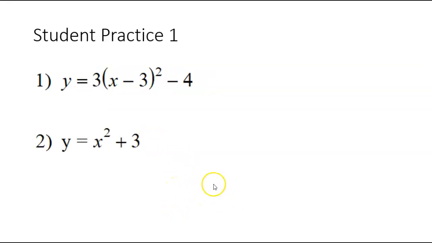Before we get started, I just want to draw your attention to the fact that on number 2, we are missing some numbers. It doesn't look quite right, so I'm going to fix it up for you a little bit. We have an x, and it's being squared, but notice that there's nothing in the parentheses with the x. That's my h, and when the h is missing, it's 0.